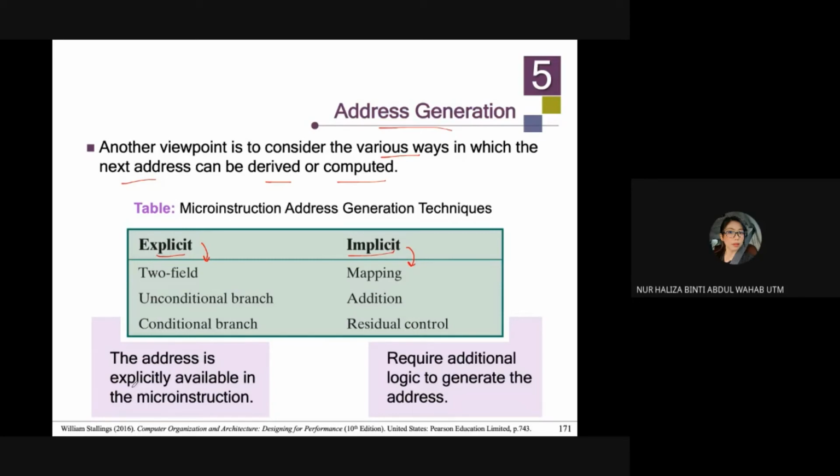So the address is explicitly available in your micro instruction, while implicit requires additional logic to generate the address. So you have unconditional branch for explicit and mapping for your implicit, and additional for implicit, and last one for explicit is conditional branch and also residual control for your implicit.